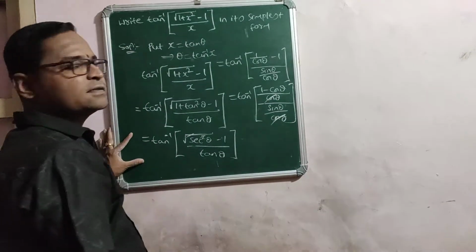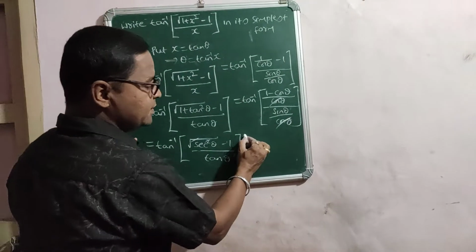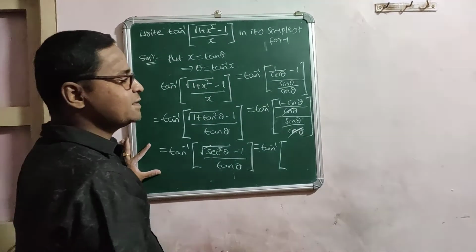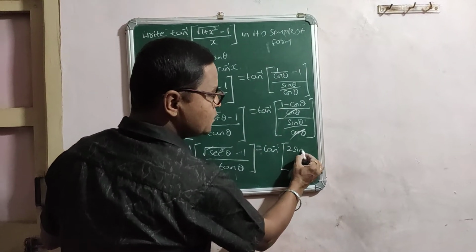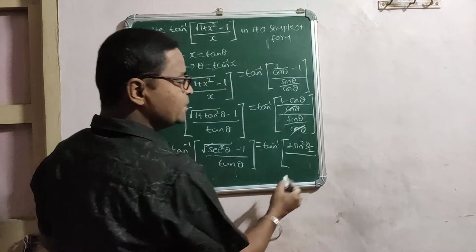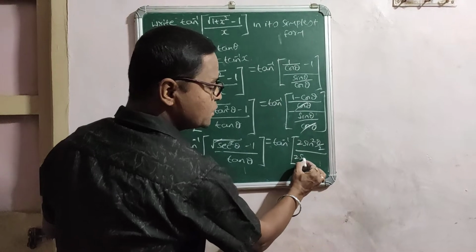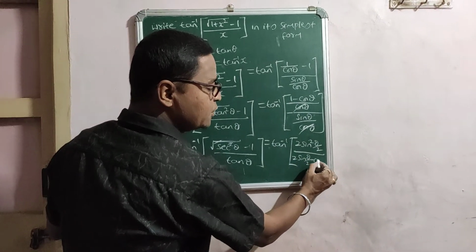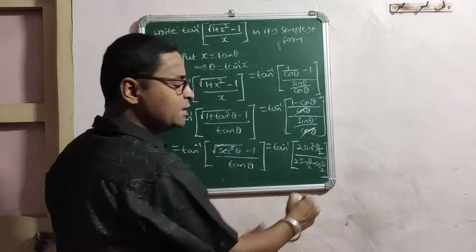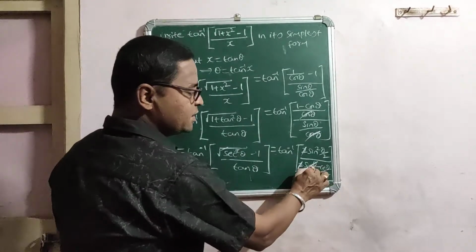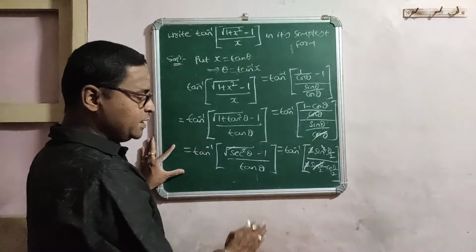Now the cos θ terms cancel, which gives tan⁻¹ of (1 − cos θ)/sin θ. 1 − cos θ can be considered as 2 sin²(θ/2), and sin θ can be considered as 2 sin(θ/2) cos(θ/2). Now cancel 2 and 2, and sin(θ/2) with sin(θ/2).